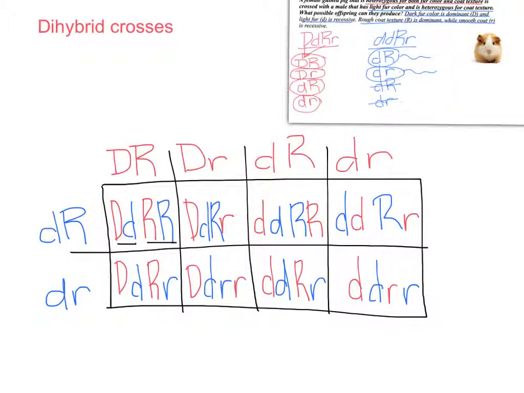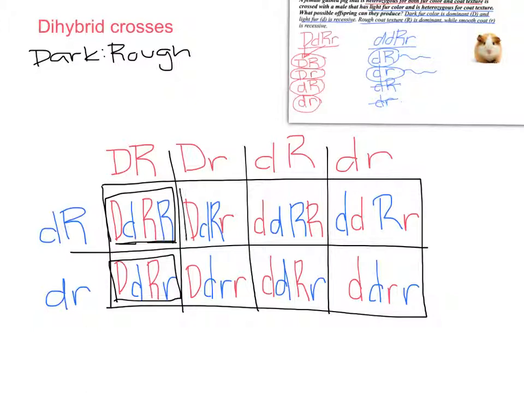So if we're looking at the phenotypes of the offspring, we've got dark and rough as one possible combination. So let's see, we've got dark and rough, dark and rough, dark and rough, and that's it.